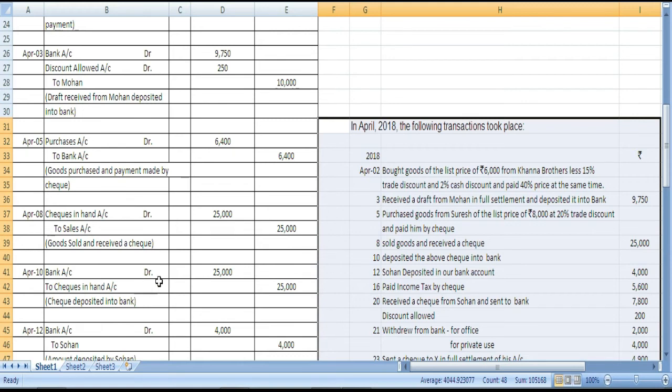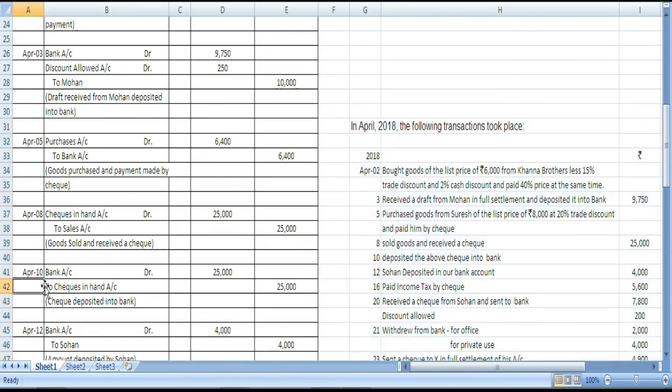So, we will debit bank 25,000 and we will write to checks account, because the check that we received on the sale is going out of Radhika Traders and going to the bank. So, check deposited into bank.